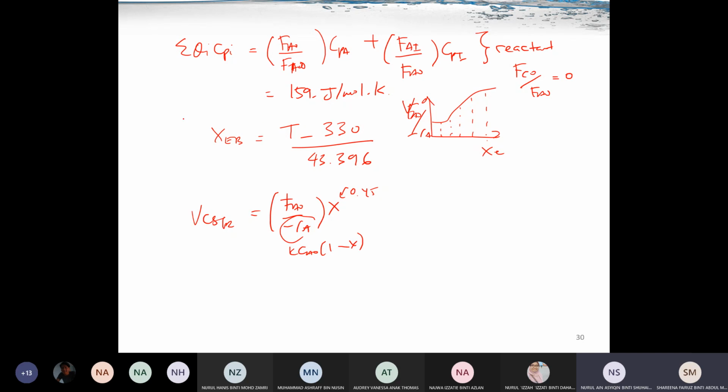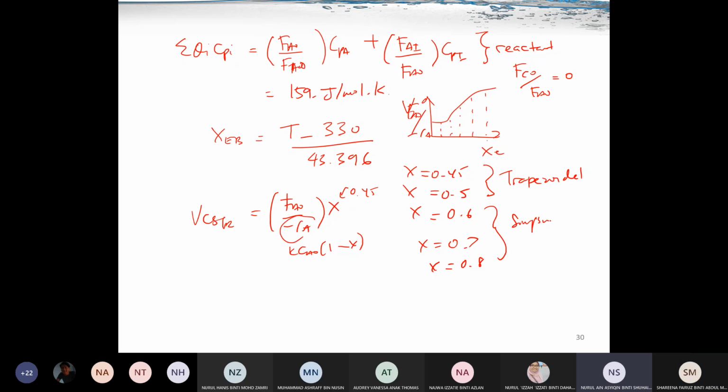In this case, maybe you will get X equal to 0.45, X equal to 0.5, X equal to 0.6, 0.7, 0.8. From there you can get FA0 over negative RA. For each of these you have to use, say this one you can use trapezoidal, and this one we can use Simpson's 3/8 rule. So the sum up, PFR is around 0.6682 meter cube.